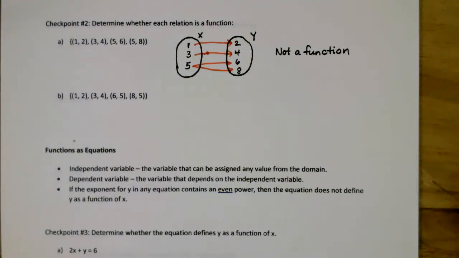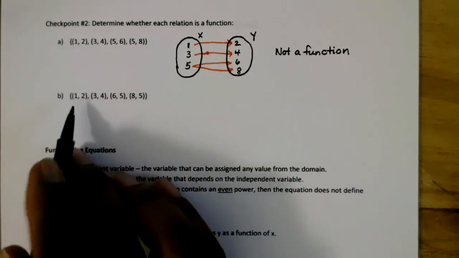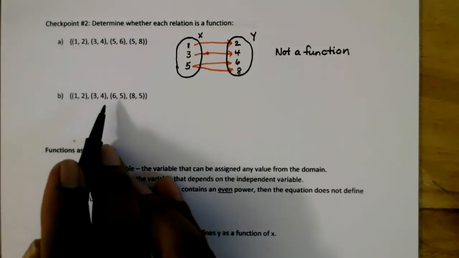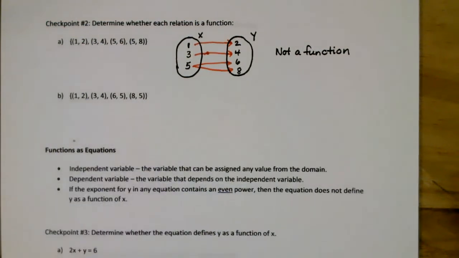Okay, and then part B, we got the relation (1, 2), (3, 4), (6, 5), and (8, 5). We want to determine whether or not that relation is a function.